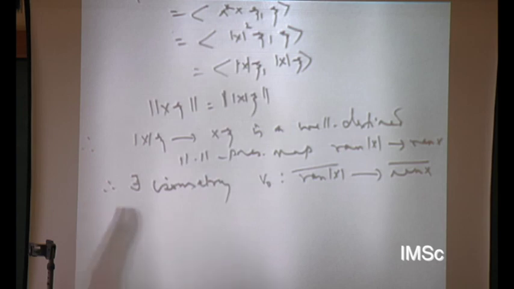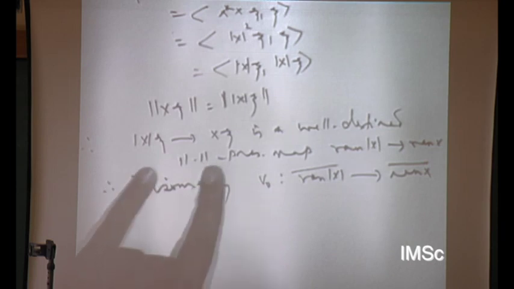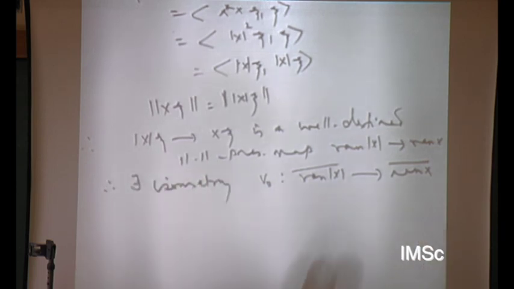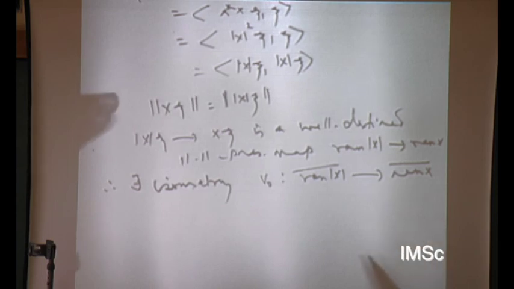Right? The range of mod x and the range of x are dense in these two spaces, and you have a norm-preserving bijection between these two dense sets. So it extends uniquely to an isometry between these two spaces.